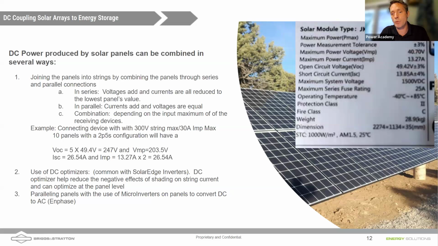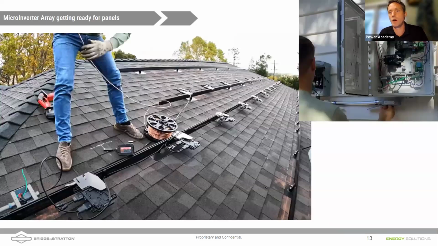There are a couple of ways to avoid that for DC. We've got split cell panels where the top and the bottom are in parallel with each other, and we don't get as much of an effect from shading. But we also have DC optimizers, which can bypass that panel as well.